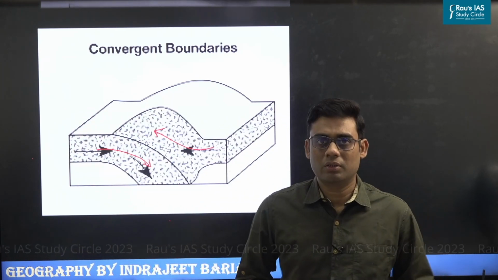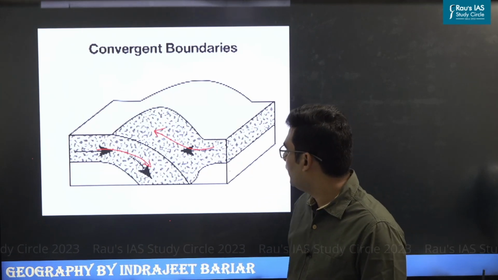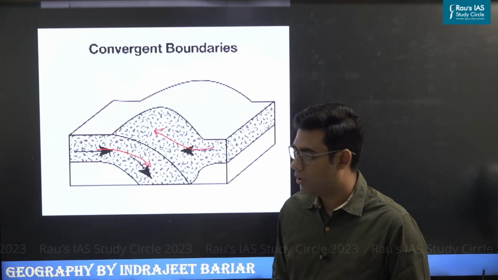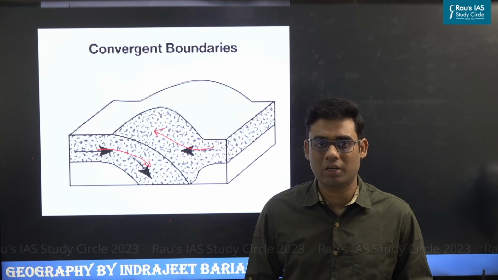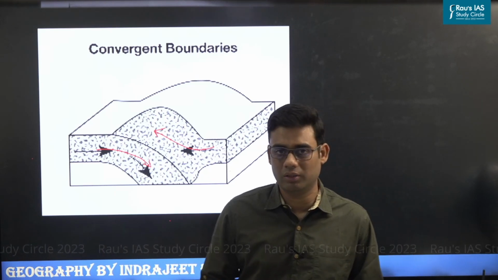So now let's take some examples of where all this type of convergence is taking place on the earth.